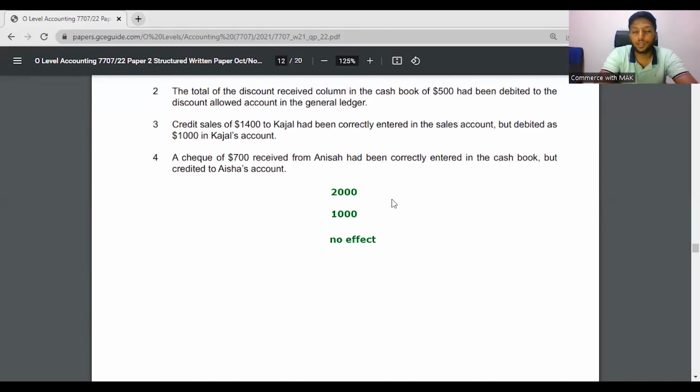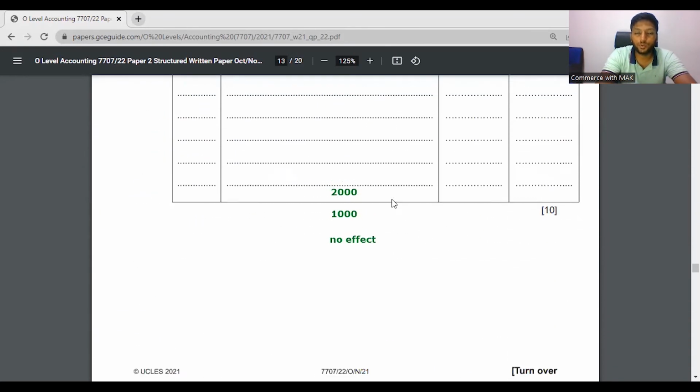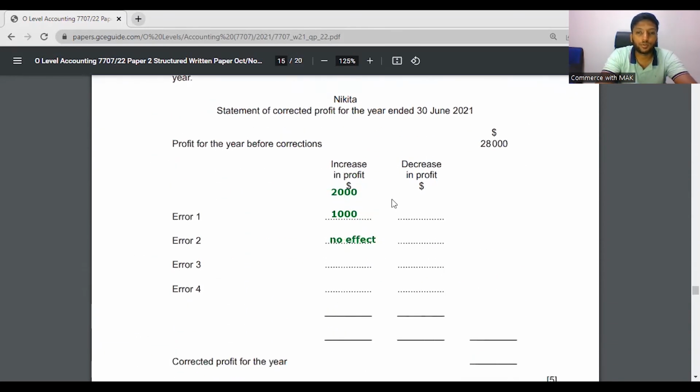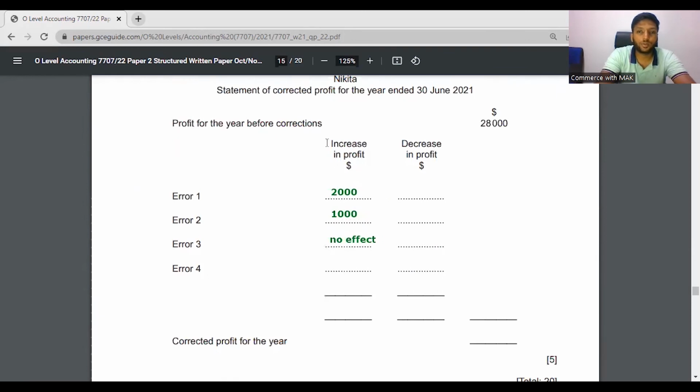They haven't said, but they're saying a cheque received from Anish, so most probably it is a debtor, because debtors will pay us. If we pay, it will be a supplier. They have correctly recorded this transaction, so it won't affect the profit and loss statement. So finally, the fourth error is also going to have no effect.